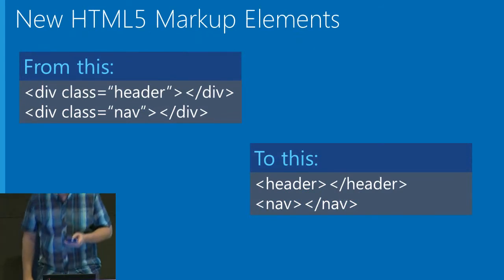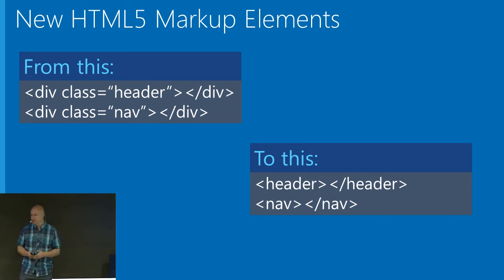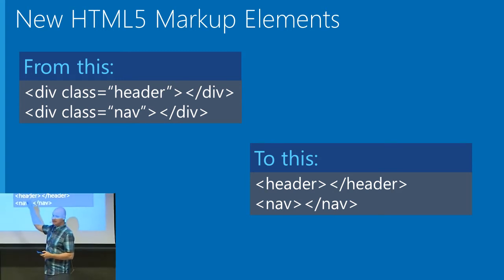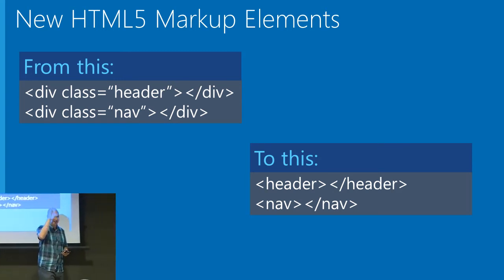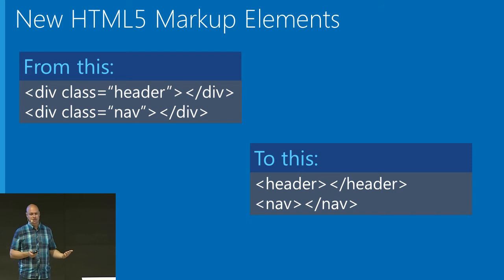So let's quickly look at one nice feature in HTML5, and that is semantic markup elements. The idea is we used to say div class equals this, div class equals that, and the whole page was just a bunch of divs. The problem is that those divs are not very easy to use, and there's no reason for it.